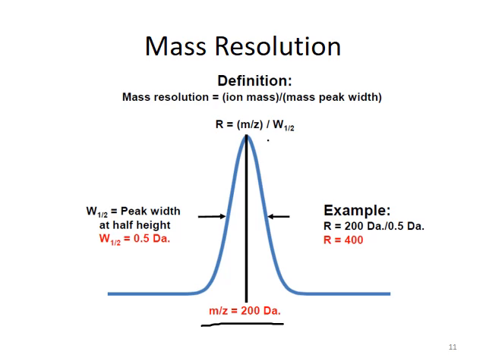We use W1/2 to indicate. For this case, the peak width is 0.5 Dalton. The calculated resolution will be 200 divided by 0.5, equal to 400.